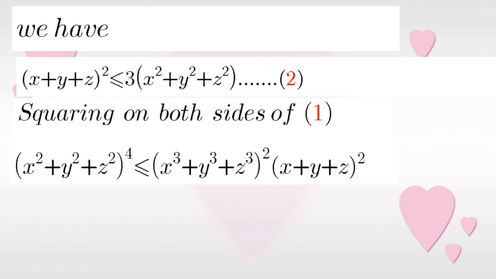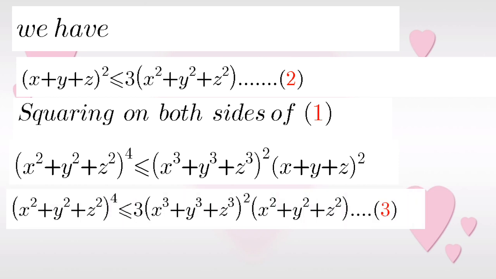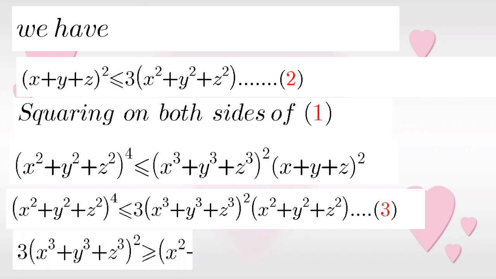In this, let us use the second inequality so that this inequality will become (x² + y² + z²)⁴ less than or equal to 3 times (x³ + y³ + z³)² times (x² + y² + z²).